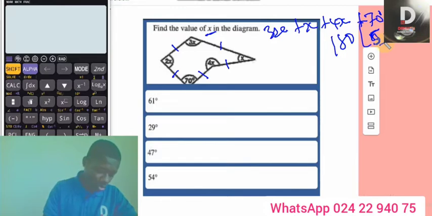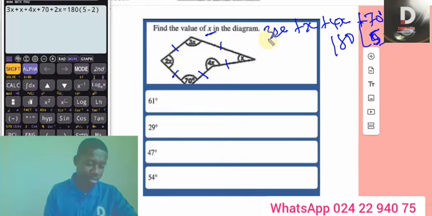So let's go. 2x. You can decide to put all together, or let's go straight away. 2x plus x plus 4x plus 70 plus 2x, equal to 180 into bracket n minus 2, and the number of sides here is what? 5 minus 2.